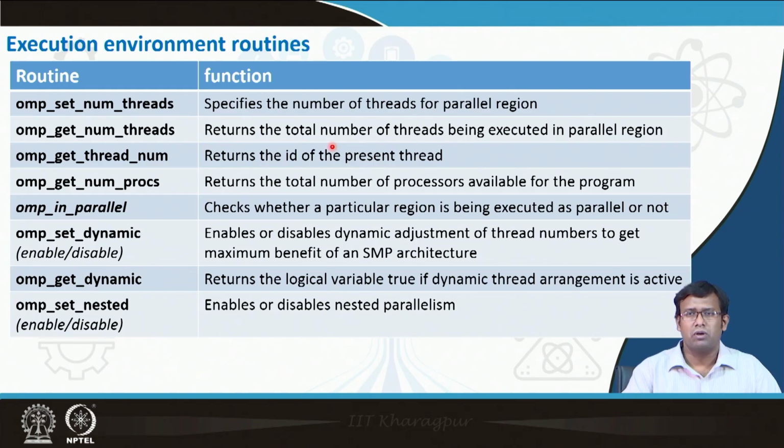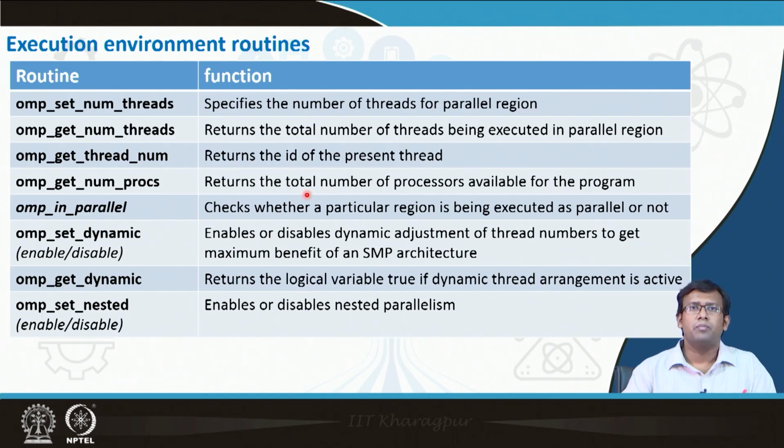You have written an OpenMP job, you go to some platform, you run that job, maybe some of the processors are occupied, some are not being allotted to your job. When you run the job, what is the number of processors that you are using? Threads are the units of parallelism, and processors are physically the CPUs which are crunching numbers for you. So for that, OMP get num procs will return you the number of processors.